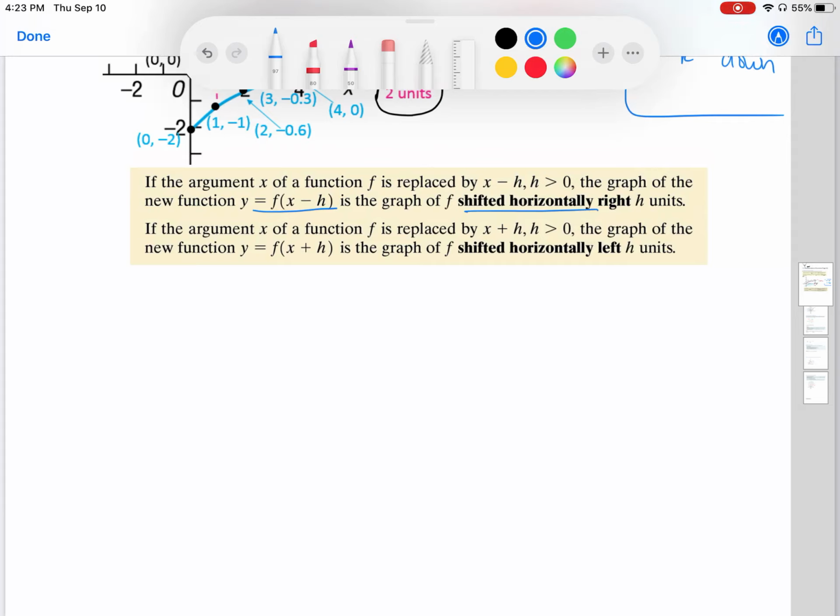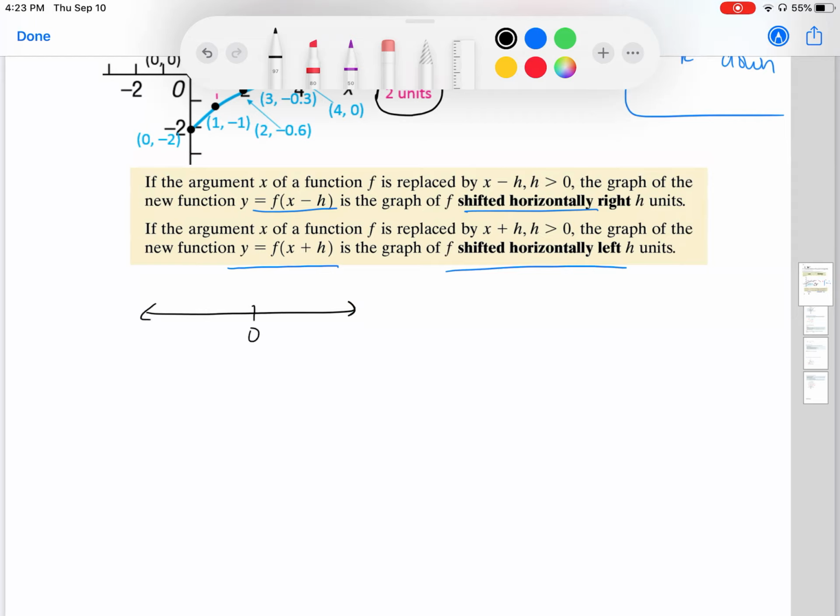If the argument x of a function is replaced by x plus h, the graph of the new function y equals f of x plus h is the graph shifted horizontally left. Still very similar. What's different is that the adding and subtraction of a number is within your function. It's inside the parentheses, inside your radical. It's enclosed.